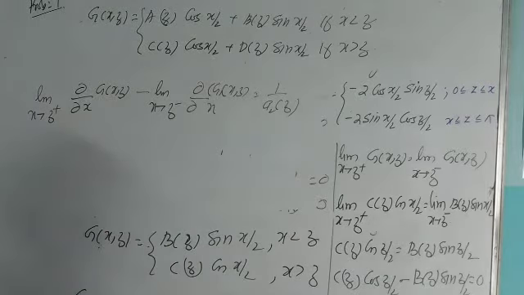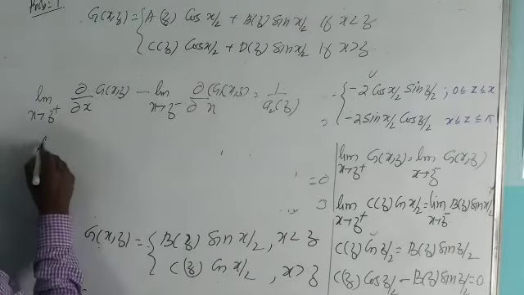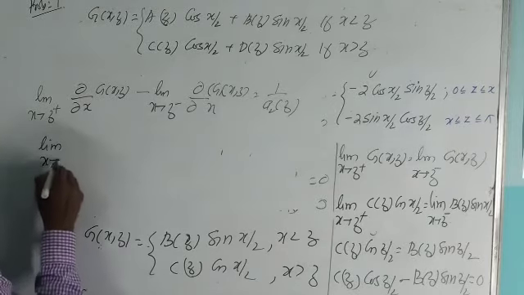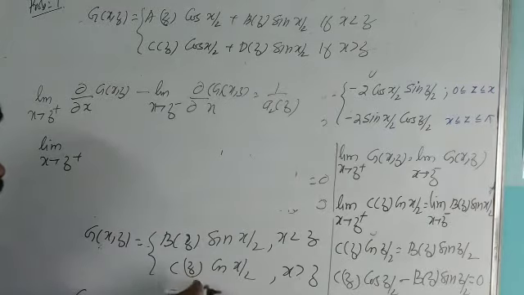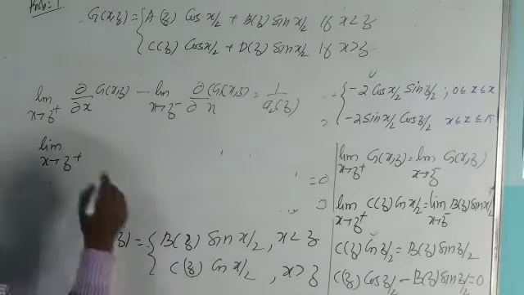the limit x tends to z plus dou g by dou x of g x z. Differentiate this term with respect to x.